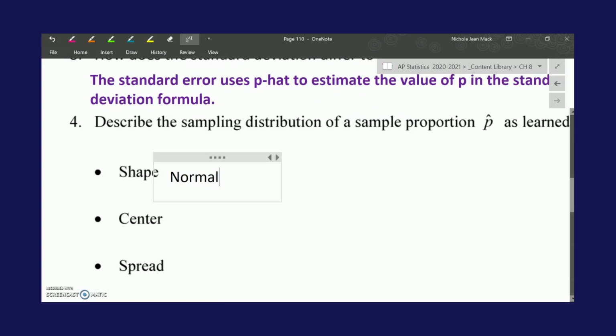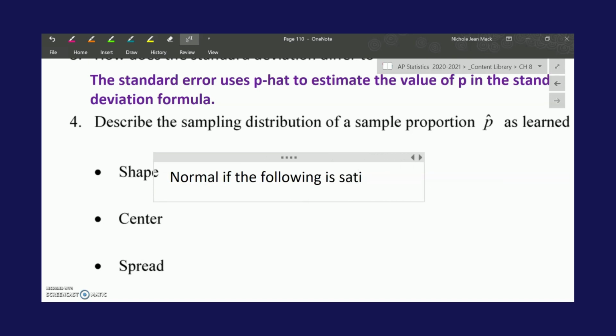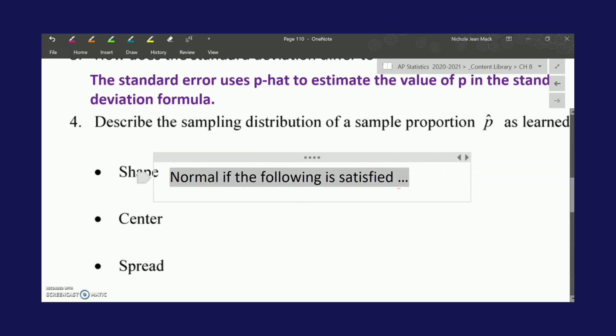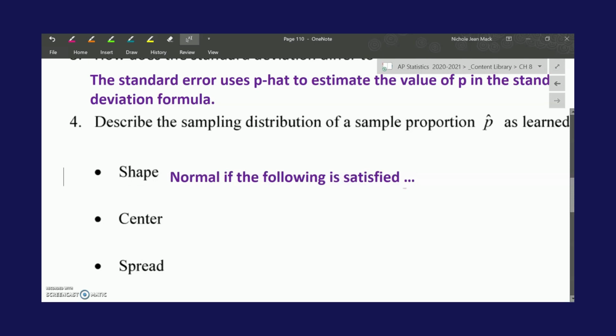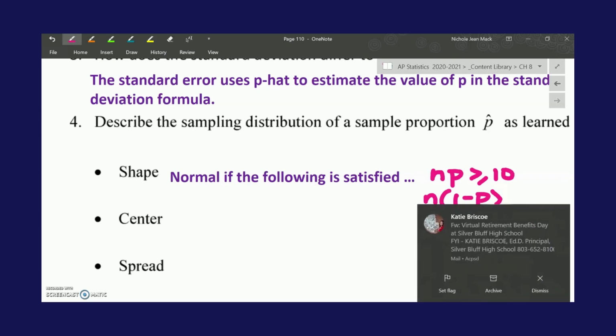We want it to be normal if the following is satisfied. I talked about this in our last tutorial. It required a calculation: the sample size times p. So we want n times p to be at least 10, and n times 1 minus p to be at least 10.